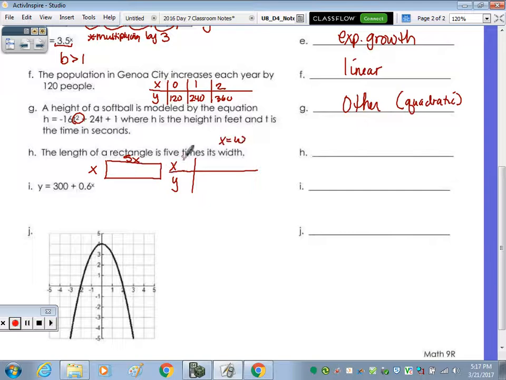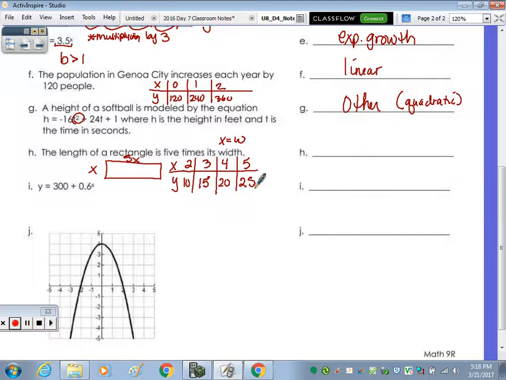So if x is, say, 2, then it says the length is 5 times the width, so that would be 10. If the width was 3, 5 times 3, the length would be 15. If the width is 4, the length 5 times 4, 20. If the width 5, 5 times 5, 25.